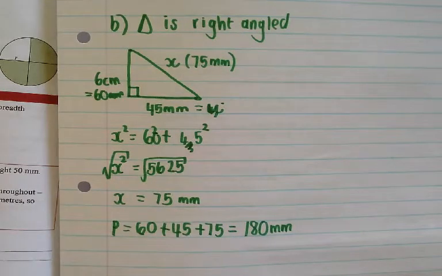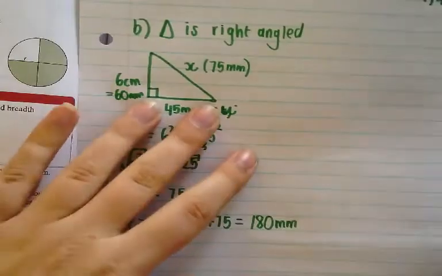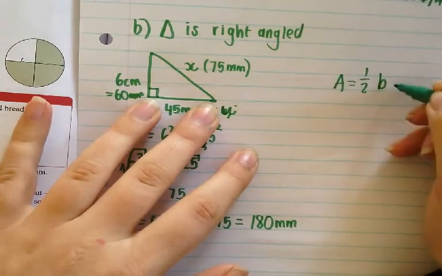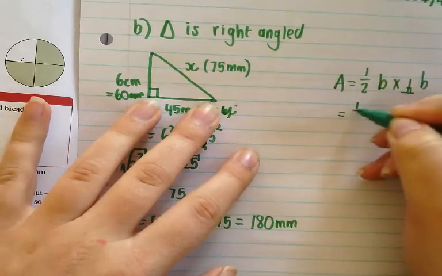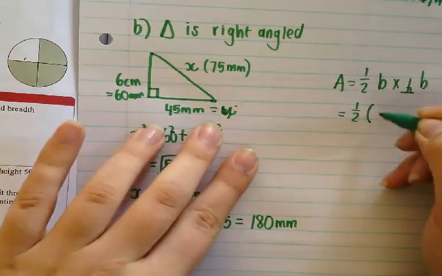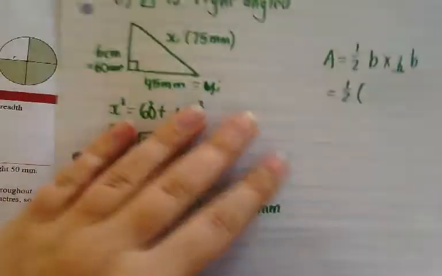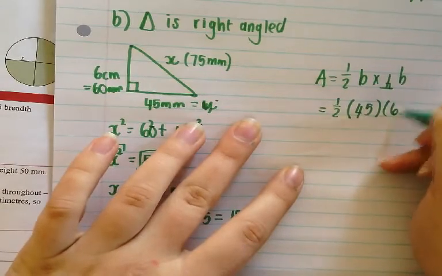Anyone confused as what I did, doesn't remember Pythagoras? Then my area of a triangle, well, we know it is half base times perpendicular height. So it would just be half times my base, which they said was 45, times my height, which is 60.